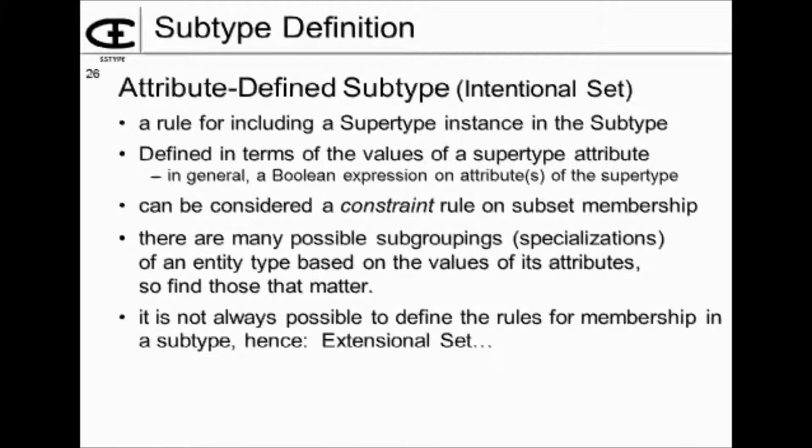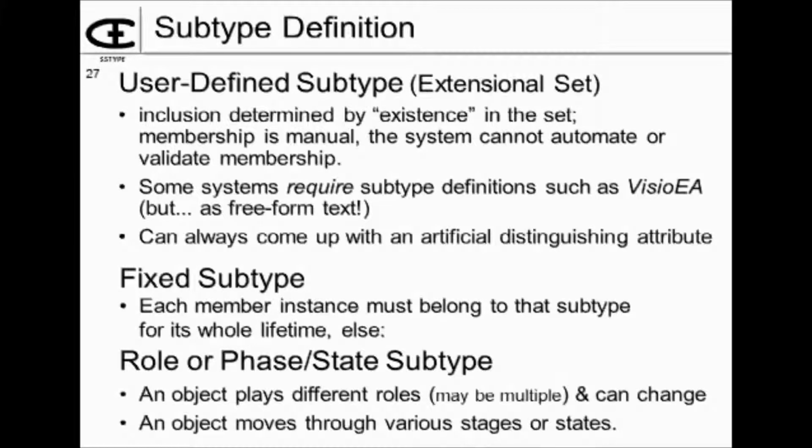For that situation, the subtype would be an extensional set. An extensional set is simply one that says, you belong to the subtype because I say so. The system doesn't know when you should or shouldn't belong to a subtype, and so some user or somebody outside of the system puts them in a subtype.